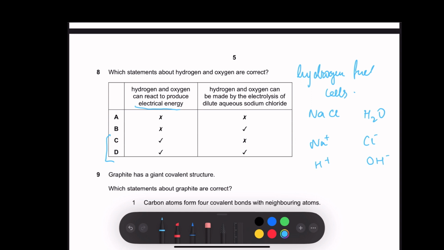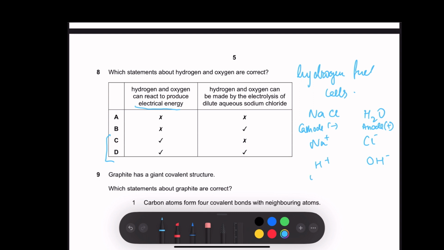Now these Na plus and H plus, they're going to go to the cathode, which is the negative one. Chloride and hydroxide, they will compete to go at the anode, which is the positive one.